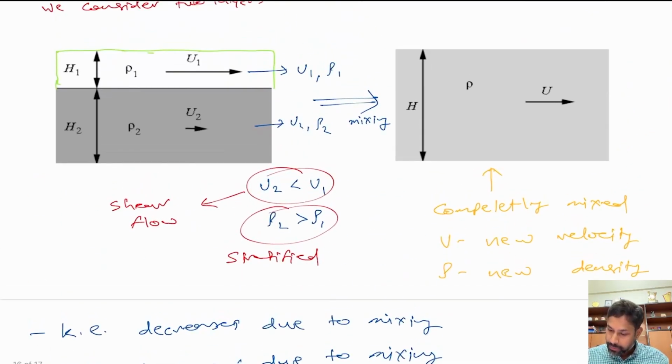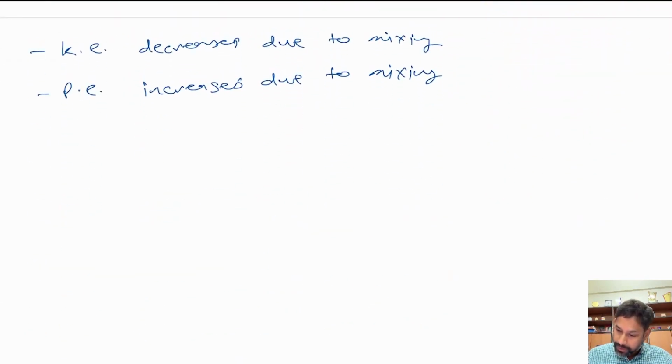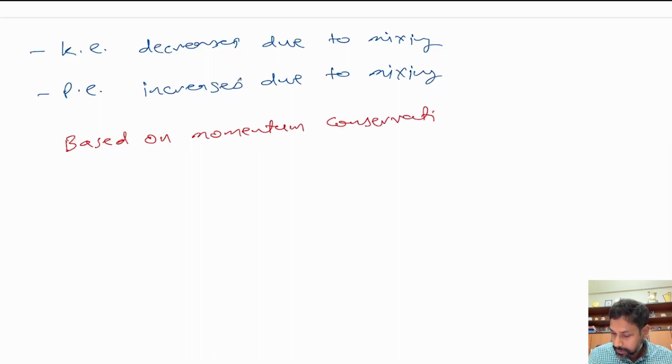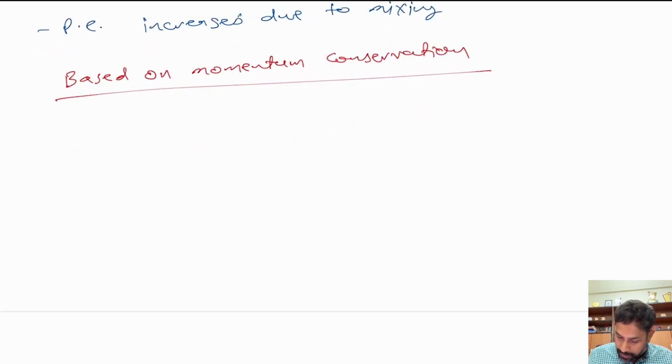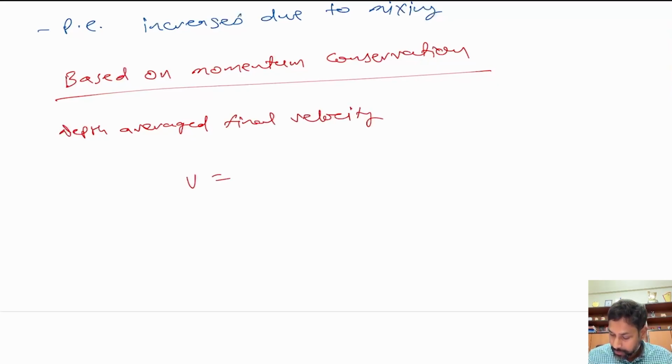But in the meantime, we also need to define these rho and u, which we define as the new velocity and new density. So basically, based on momentum conservation, we define the depth averaged final velocity u to be equal to u1 h1 plus u2 h2 over h1 plus h2.